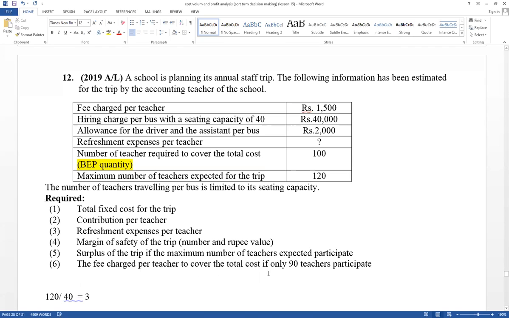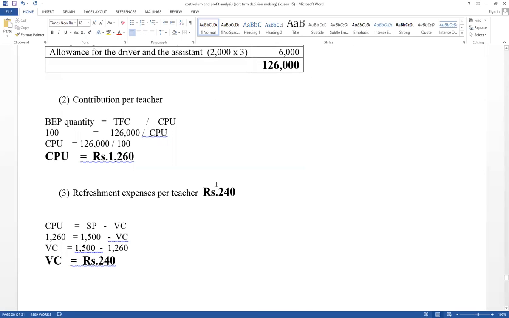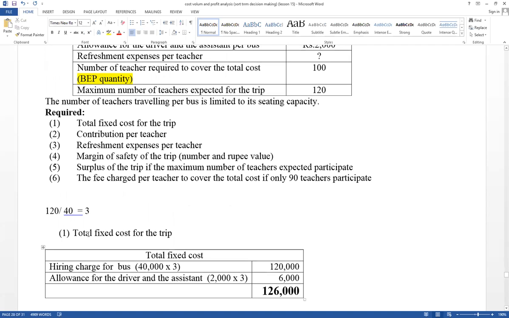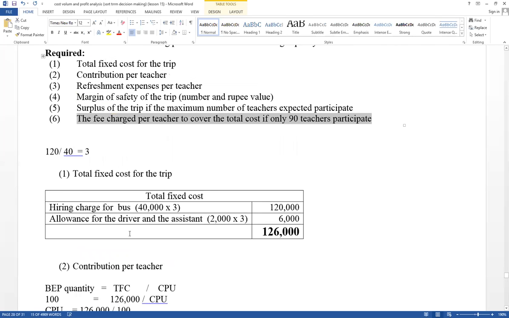For 90 teachers, total fixed cost is already calculated, and variable cost per unit we also know. Variable cost per unit is not changed. Therefore, requirement 6 is the fee charged per teacher to cover the total cost if only 90 teachers participate.